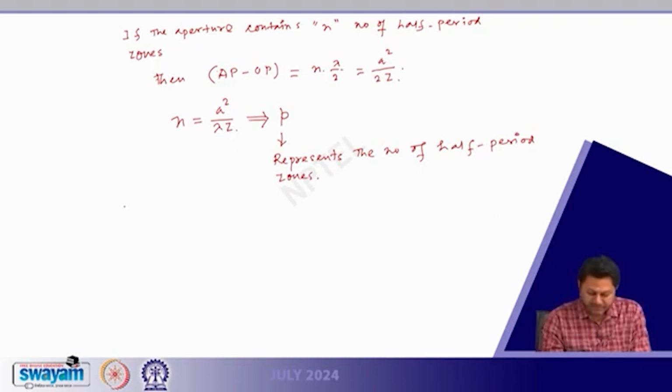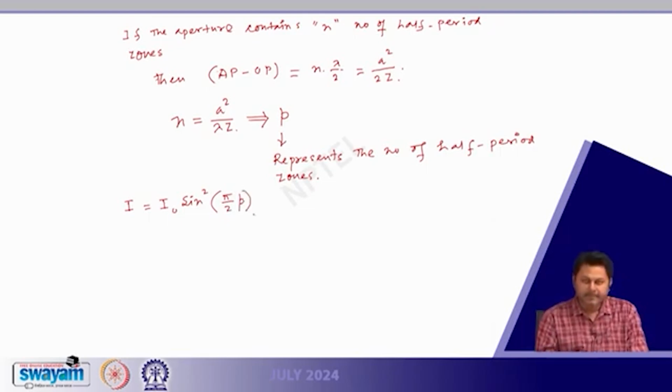Note that the intensity distribution was related to this number. It is I naught sine square of pi by 2 P. That was the relation we got.